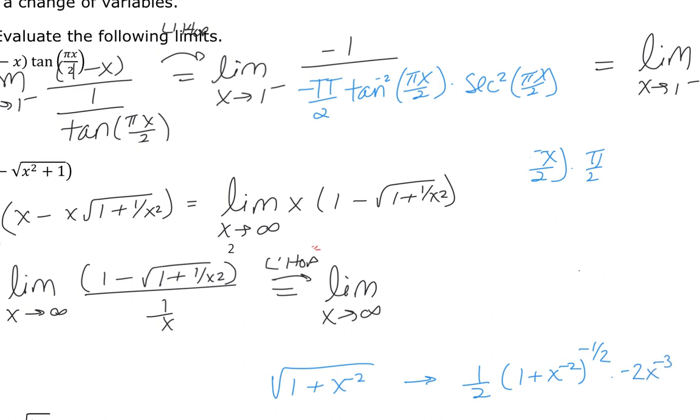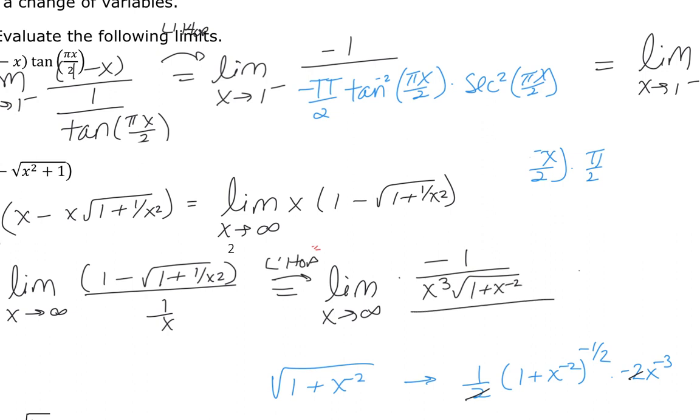So my denominator is going to be 1/2, and I'm going to clean it up as I go. This 2 and that 2 will cancel, so I'll get negative 1 over, I'm going to write this as x cubed, over the square root of 1 plus x raised to the negative 2.